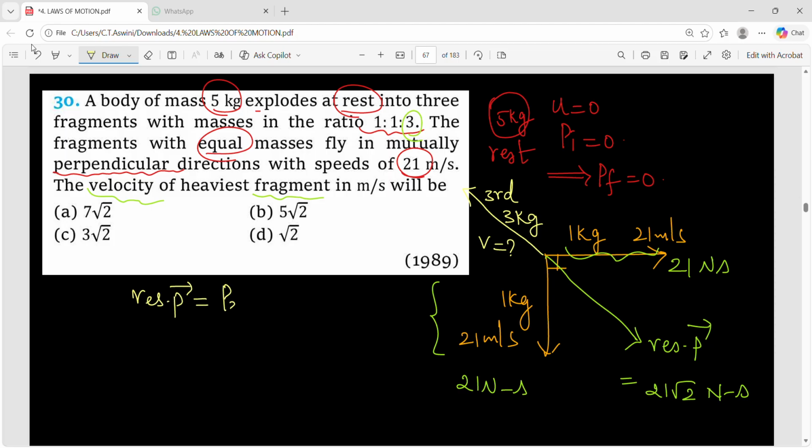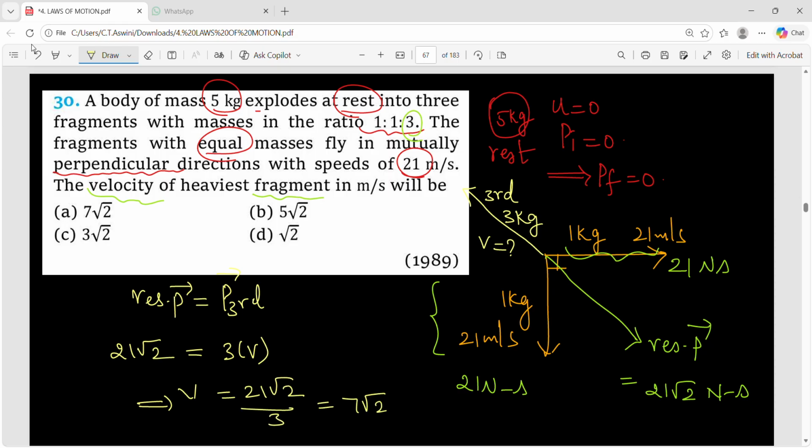The resultant momentum will be equal to momentum of the third part. So momentum of the third part is how much? M into V. What is the resultant momentum? 21 root 2. So what is V now? It is 21 root 2 upon 3. So 3 7 times, right? So 7 root 2 meter per second. Answer is option A.